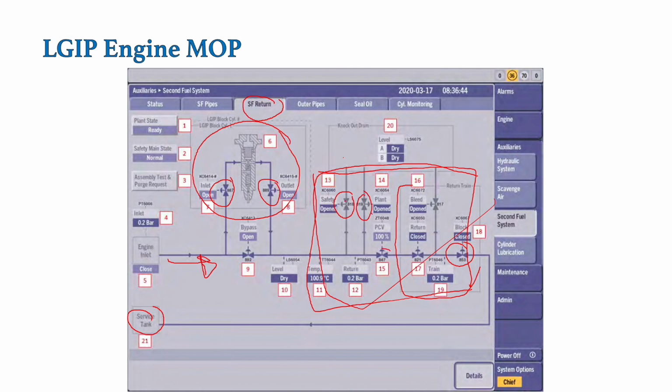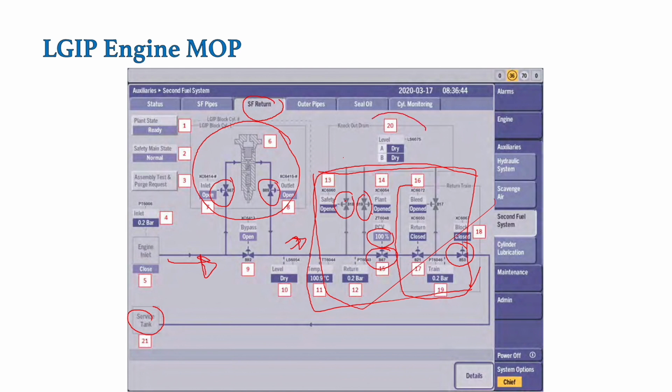Then we have this pressure control valve. This pressure control valve basically maintains the back pressure in the engine. With the help of the engine control system, it opens to the extent that maintains the pressure in the supply line. Then we have the sensor.